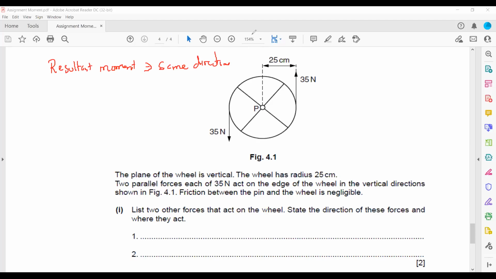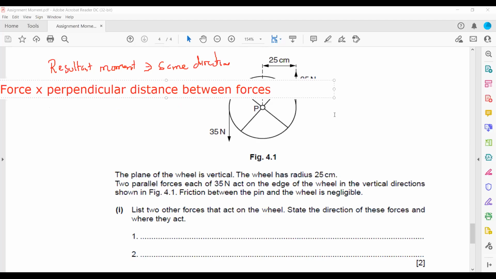We calculate it using force multiplied by the perpendicular distance between the forces.